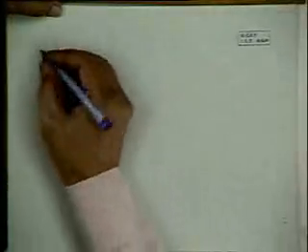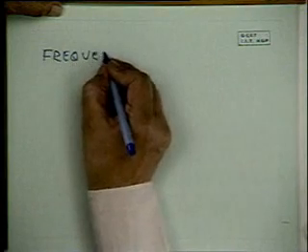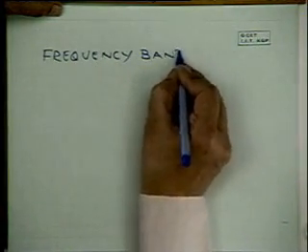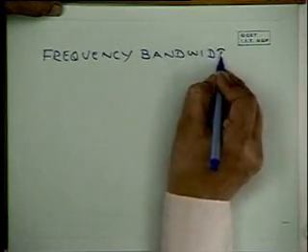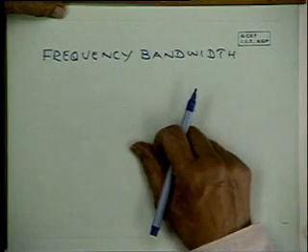Of course, the frequency bandwidth is another very important property, especially if you're in the field of communication, when the data rate is very high. What is the frequency bandwidth?